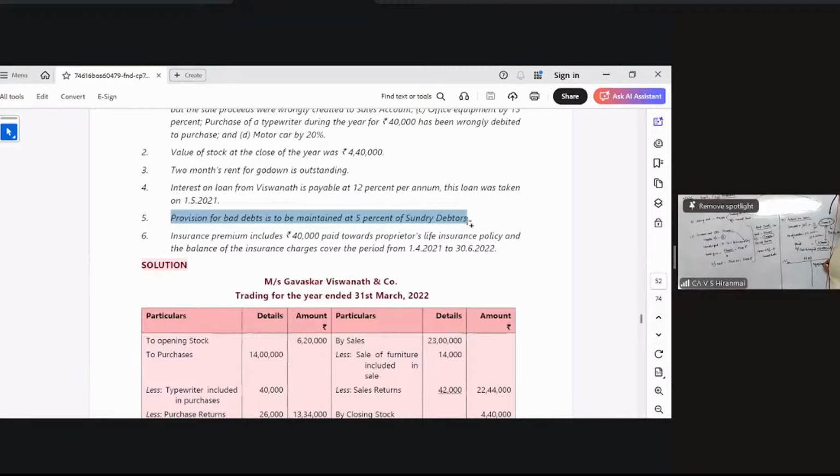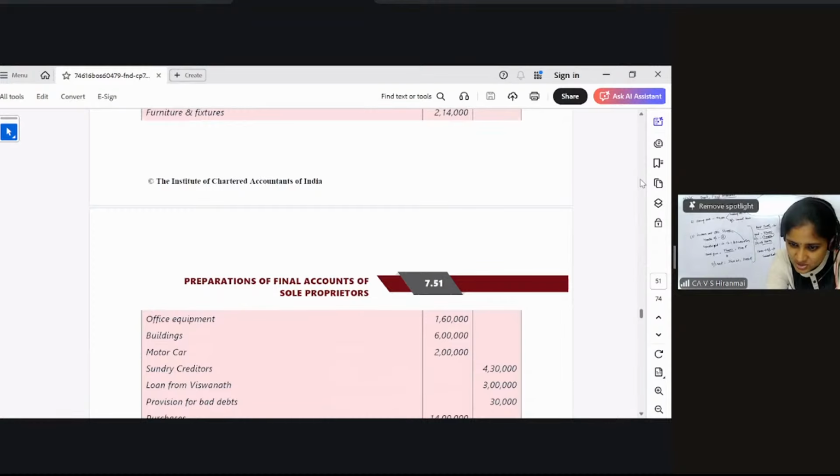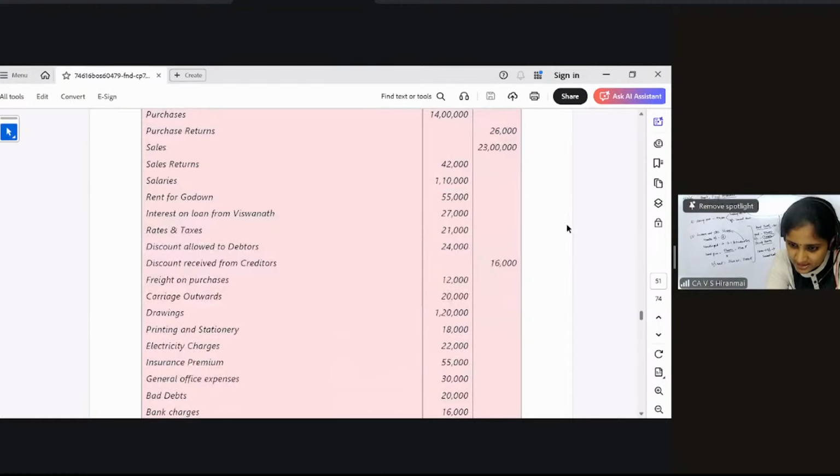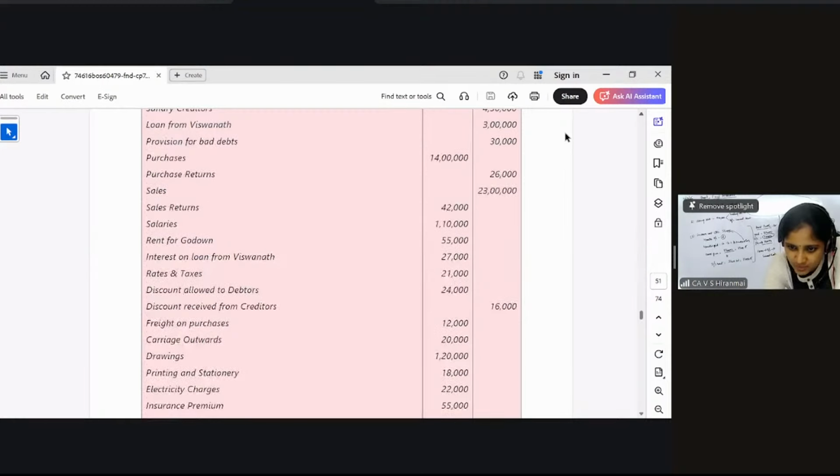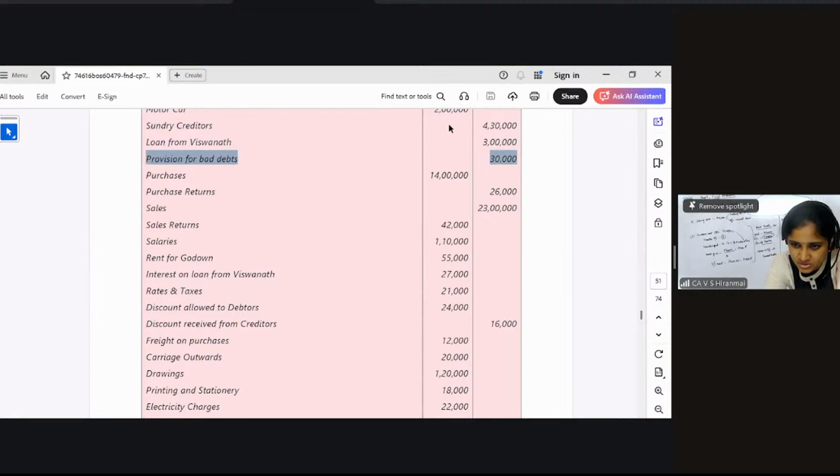The opening balance is taken from your trial balance. Where is the provision? Ah, provision for bad debts is 30,000. So that will come as the opening value here.